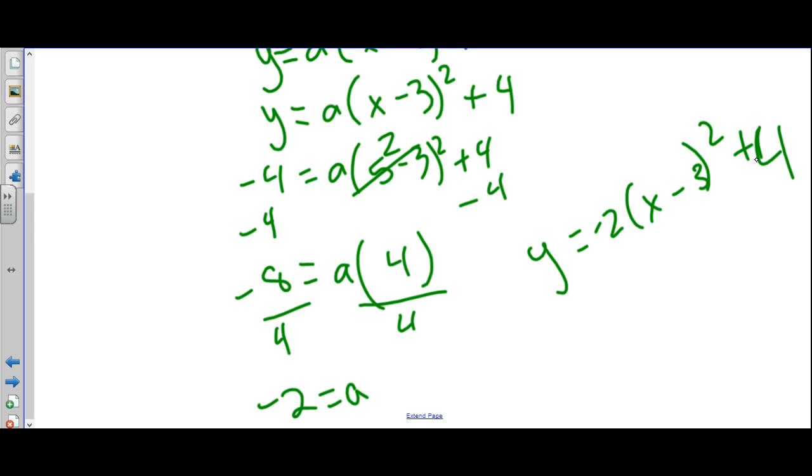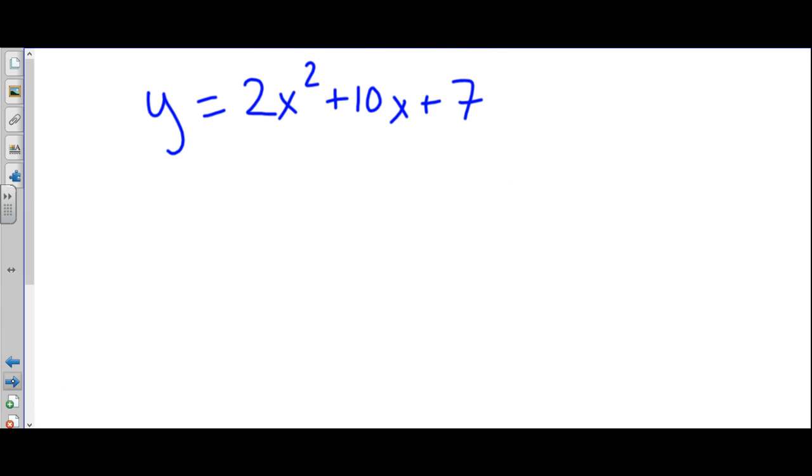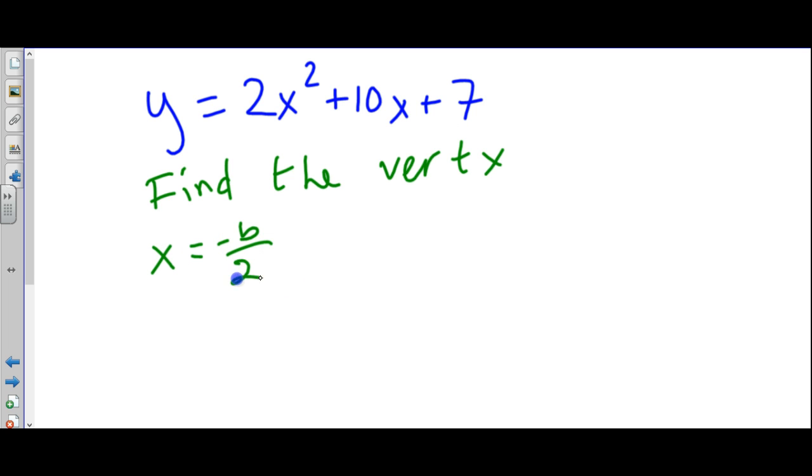The last variation that they might show and might ask you questions on is if you're in standard form. Say we have y equals 2x squared plus 10x plus 7, and we want to find the vertex and then write in vertex form. So find the vertex first. To find the vertex when you are in standard form, we have to use the formula x equals negative b over 2a.